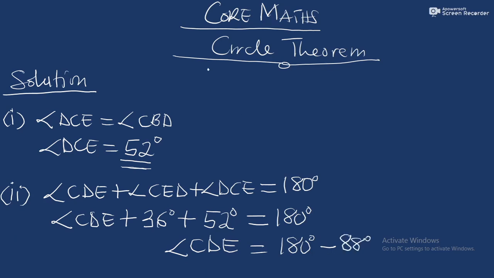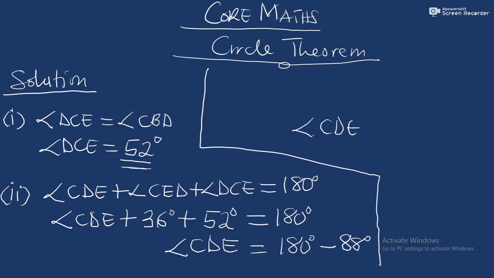So now our angle CDE will be equal to 180 minus 88, which will give us 92 degrees. So this is also the answer for II.